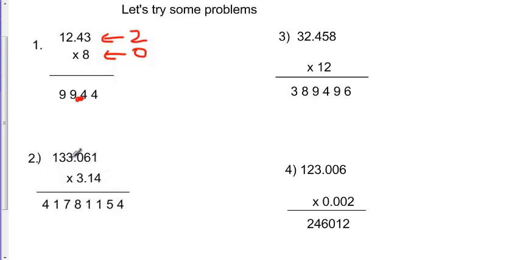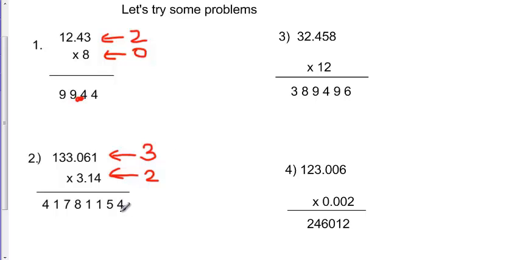In number 2, the 133.061, there are 3 decimal places. And the second number, 3.14, has 2 decimal places, or 2 digits after the decimal. That gives us a total of 5 digits after the decimal.